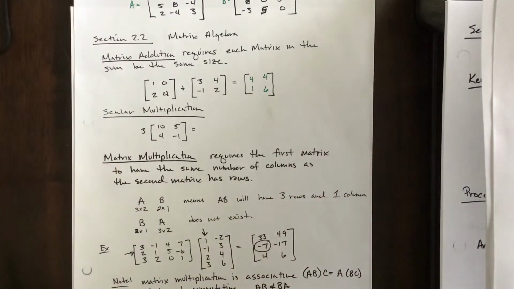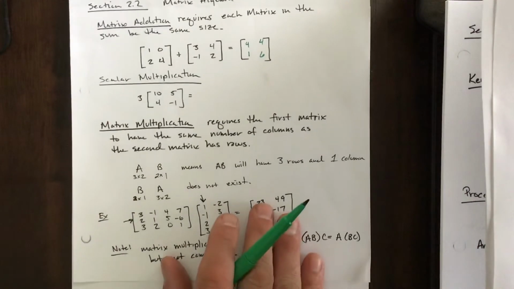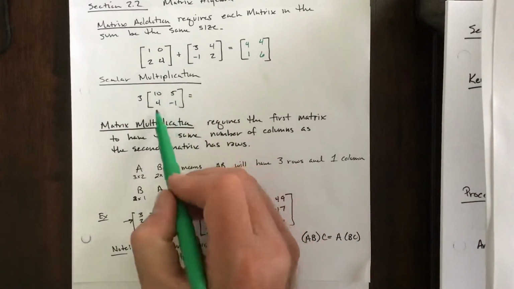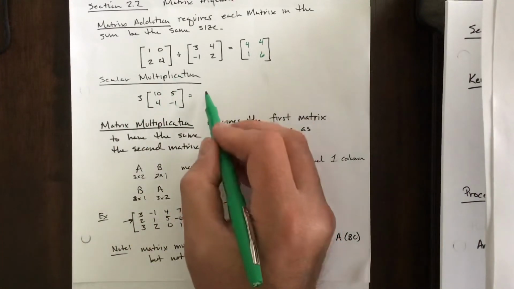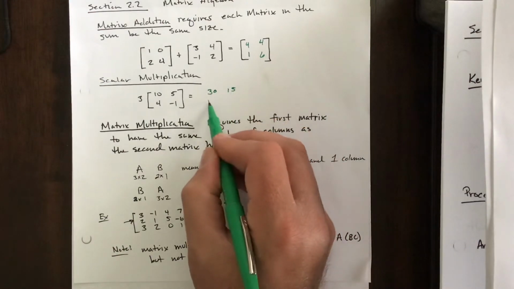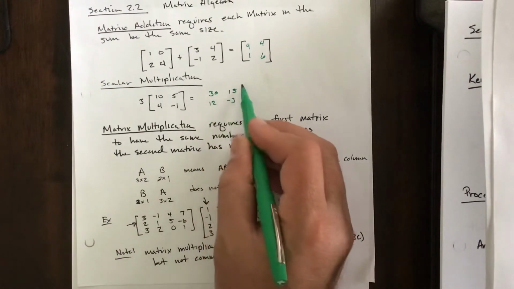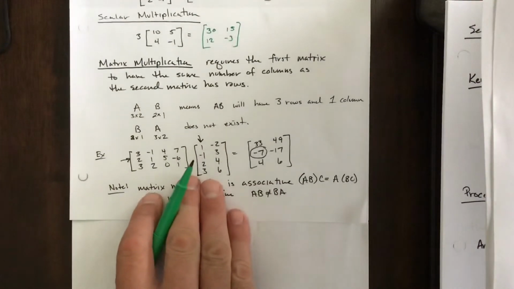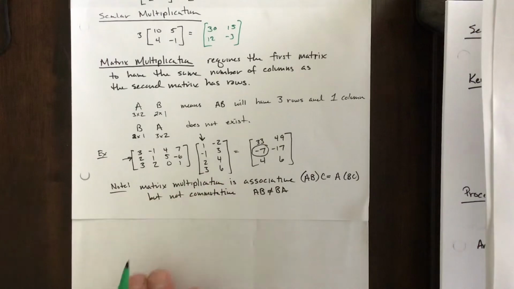If you look at scalar multiplication, all you're doing is multiplying each component of the matrix by the scalar out in front. So that's 30, 15, 12, and negative 3. Matrix multiplication is a little bit more complicated than addition or scalar multiplication.